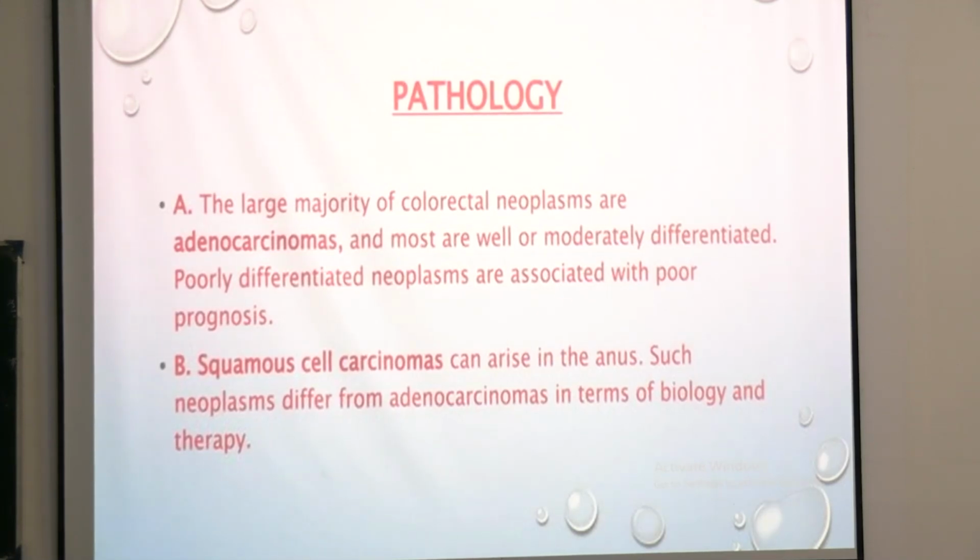And adenocarcinomas may be well differentiated, moderately differentiated or poorly differentiated, G1, G2, G3. G1 is well differentiated, G2 is moderately differentiated, G3 is poorly differentiated, and obviously the poorly differentiated ones have a worse prognosis. Squamous cell carcinoma is common in the anal canal where there is squamous lining.